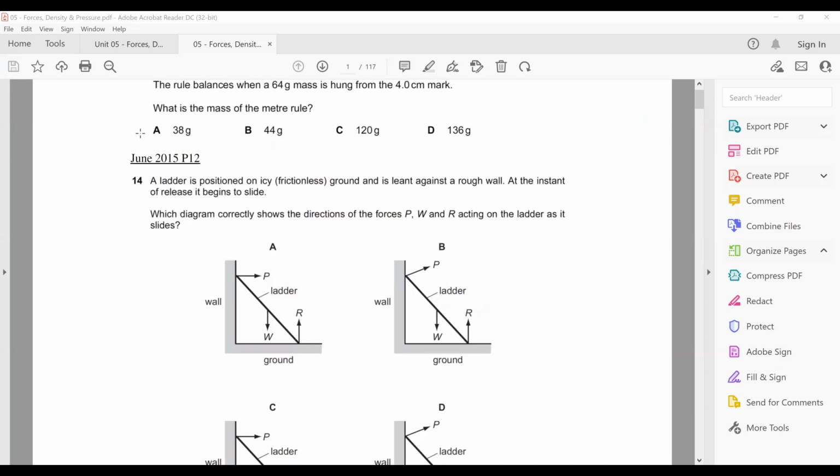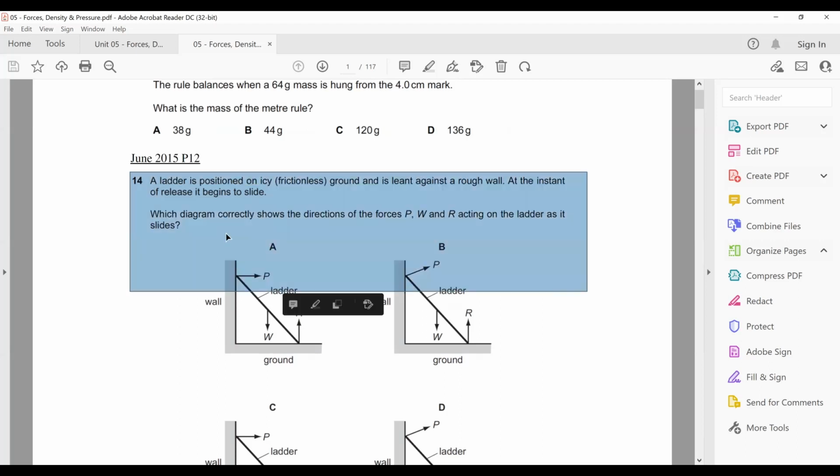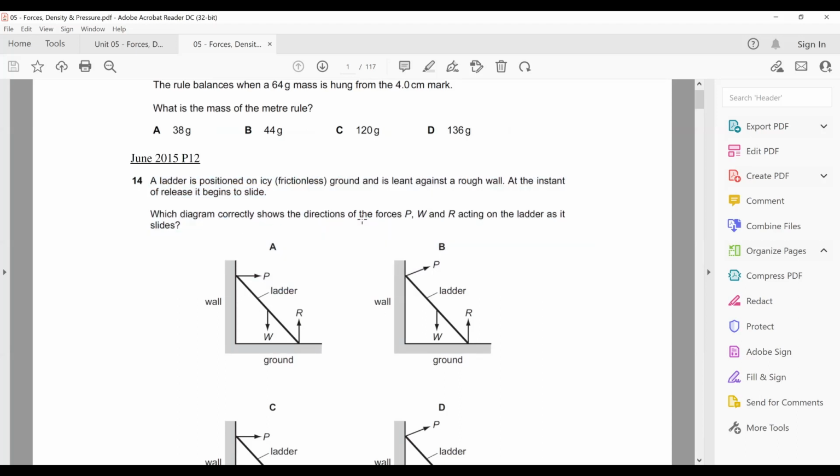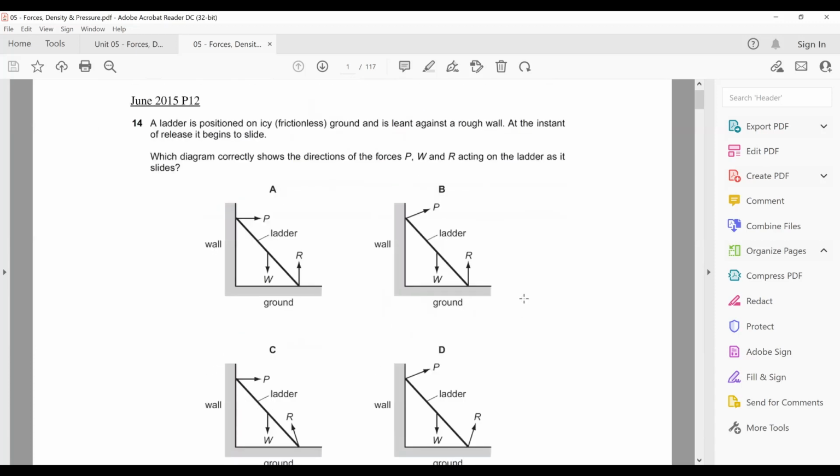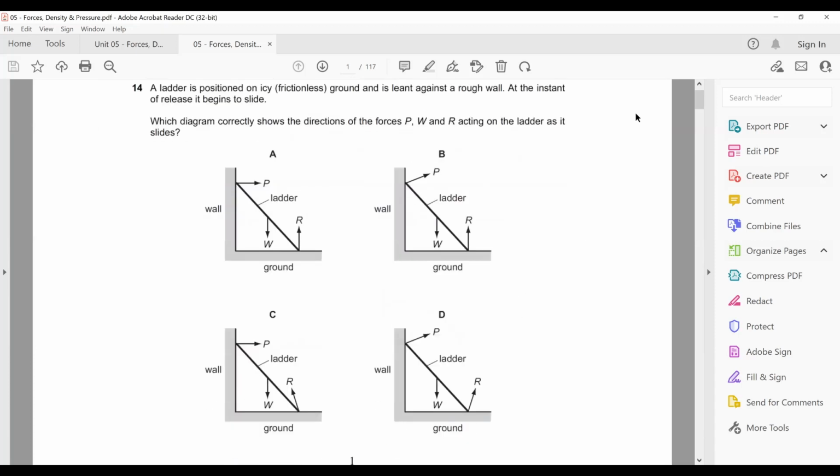You have a ladder that is positioned on an icy frictionless ground and is leaned against a rough wall. At the instant of release, it begins to slide. Which diagram correctly shows the directions of the forces P, W, and R acting on the ladder as it slides? For this one, they want you to identify correctly all the forces that act on the ladder right now.